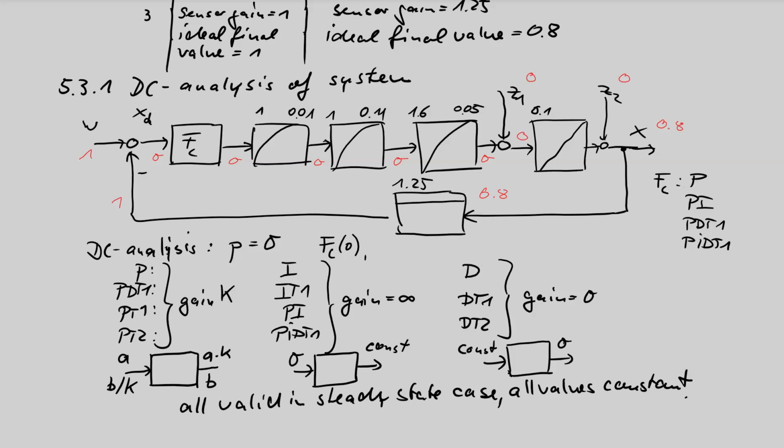It can only have a disadvantage, because the integrator in the controller has negative phase, and negative phase makes a loop slow. So if you want a fast loop with 0 control error, take P or PDT1. The best choice is PDT1.